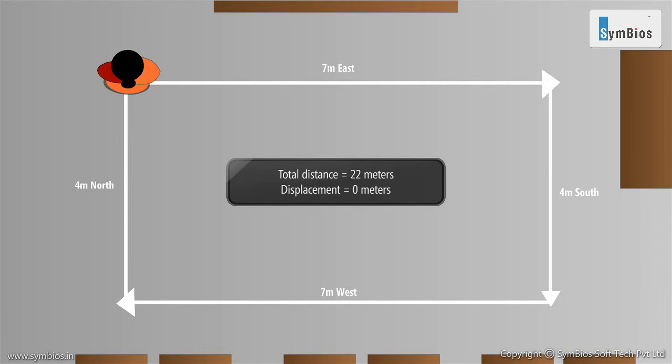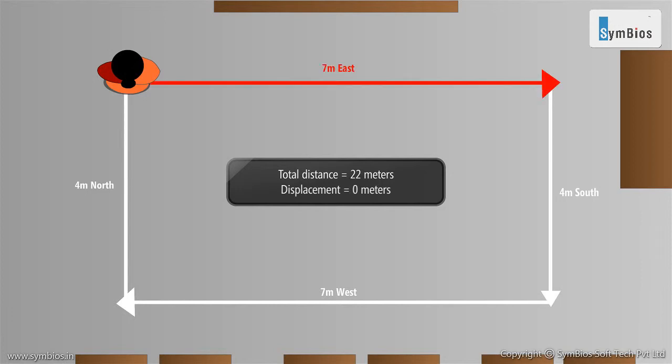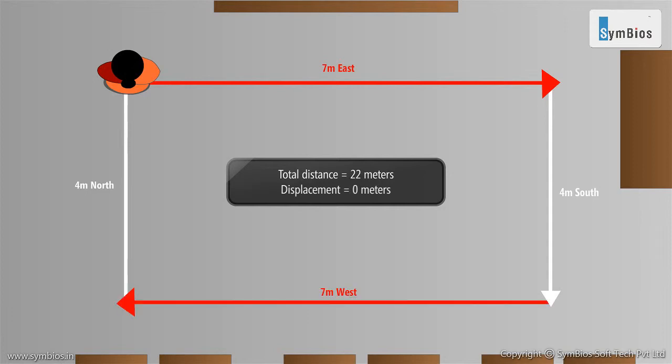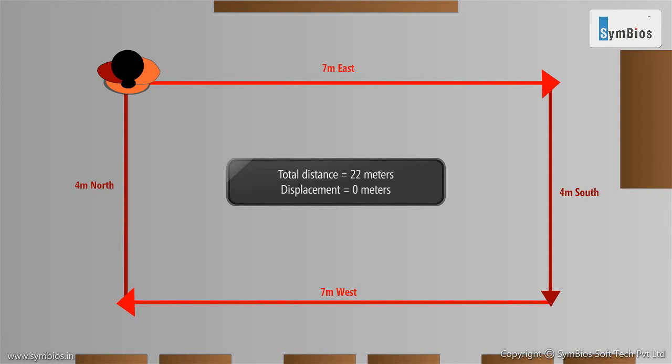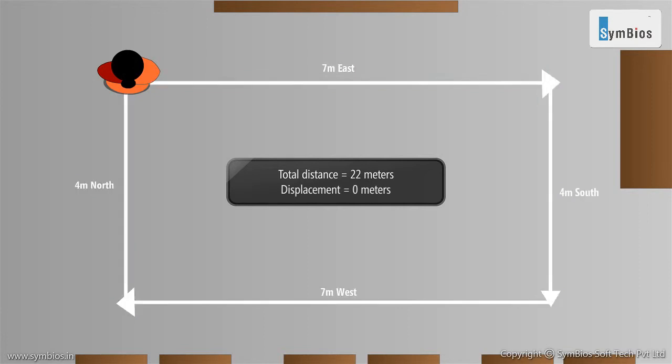Displacement, being a vector quantity, must give attention to direction. The 7 meters east cancels the 7 meters west, and the 4 meters south cancels the 4 meters north. Therefore, the displacement of the teacher in the classroom is 0 meters.